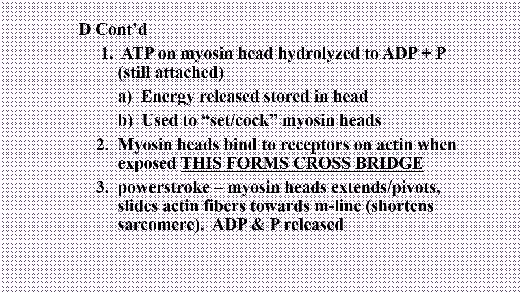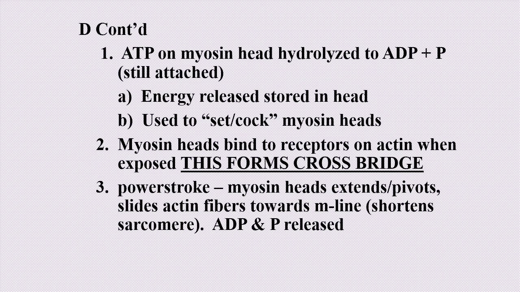The power stroke is where the myosin head is going to pop up or extend. It kind of pivots, almost like if you hold your elbow in one position and then hold your forearm up and you swing your arm back and forth. So that's kind of what the myosin heads do. Remember, at this point, they are attached to the actin filaments by the myosin binding sites on the actin.